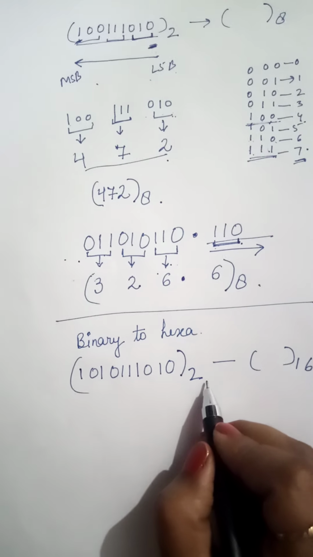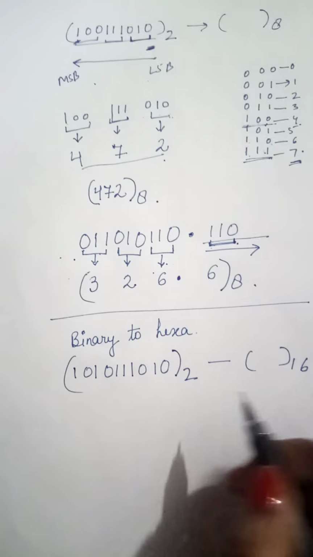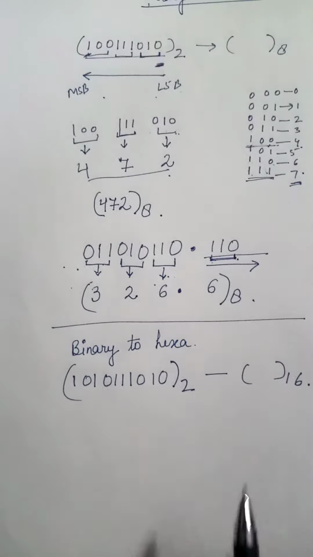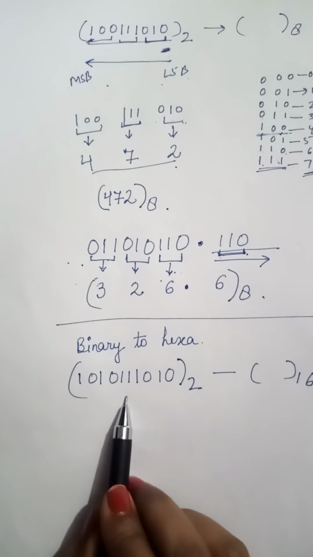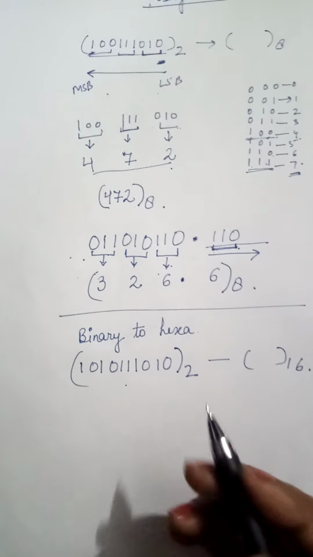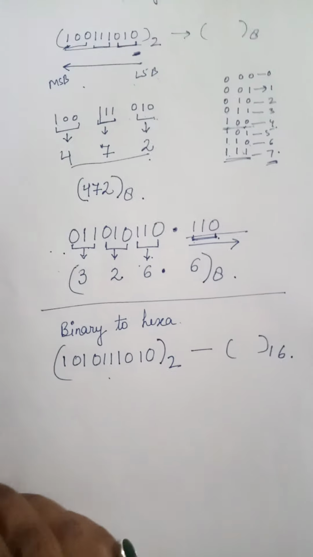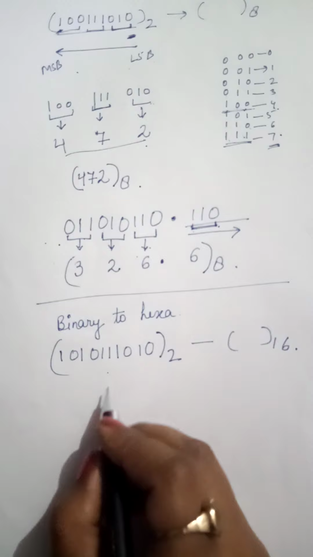Now if you have to convert a number from binary to octal, you will be making groups of 3 bits, but in this case you will be making groups of 4. Okay, starting at the binary point. Instead of making 3 bits group, you will be making 4 bits group in case of hexa.